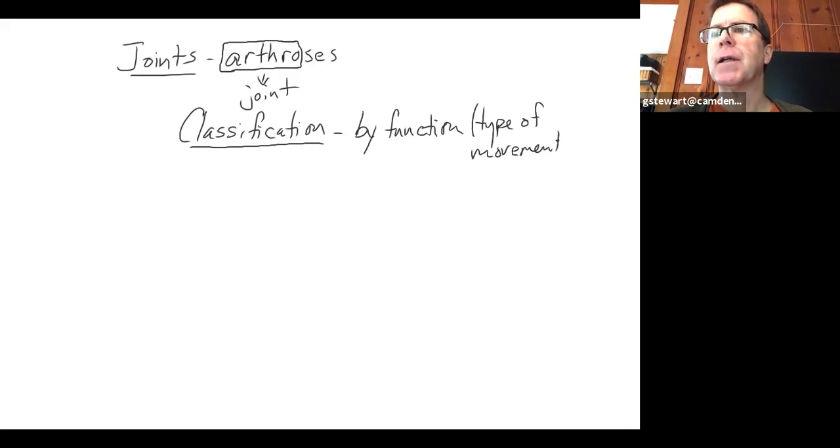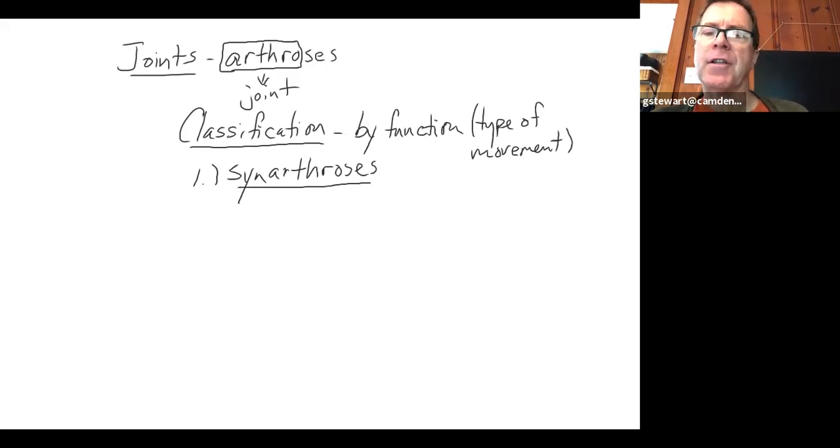So there's 3 basic classifications by function. First one is called synarthroses, or we use the adjective synarthrotic. That is just describing a joint that is completely immovable. Right?